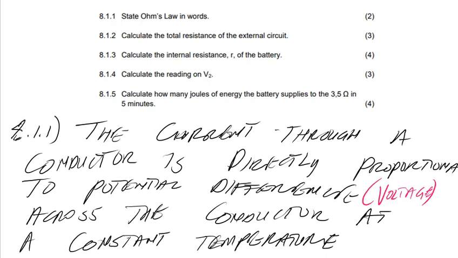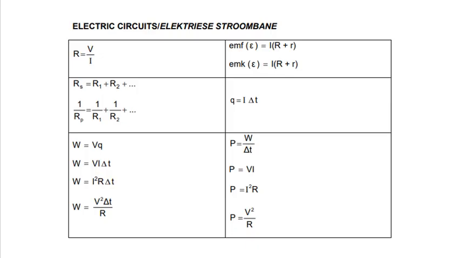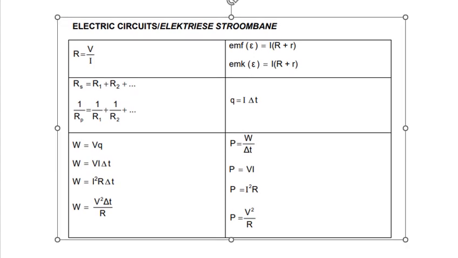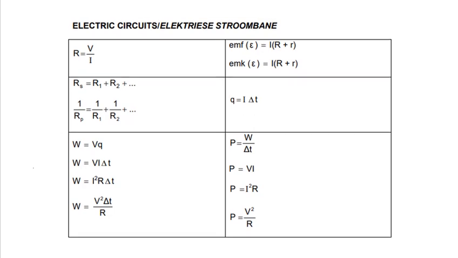If you go to the formula sheet, you will see there's a formula for energy. So it's W. So we are going straight to this W. That's where your work is. Remember, energy is work. So that's where we are going.